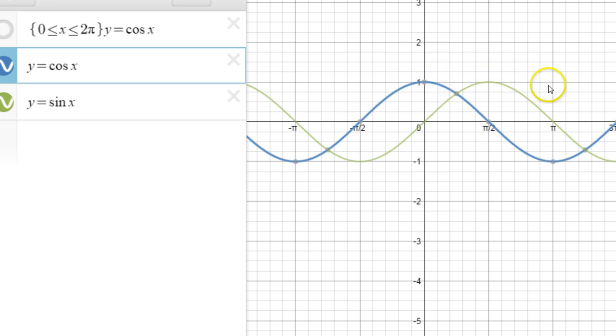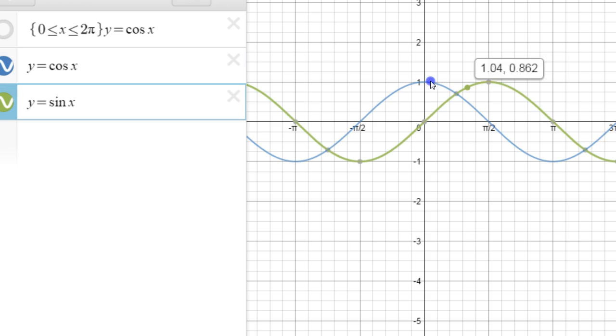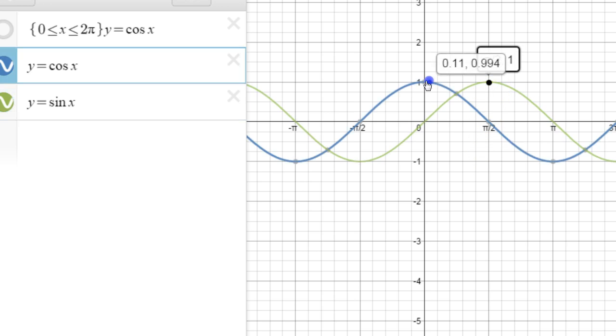The cosine wave is either the sine wave shifted to the left pi halves units. Look at that. It's exactly pi halves. From the top of one to the top of the other, it's literally a difference of pi halves. Or the sine wave is a cosine wave shifted to the right pi halves. So it depends on your preference, and that's what we call phase shift.